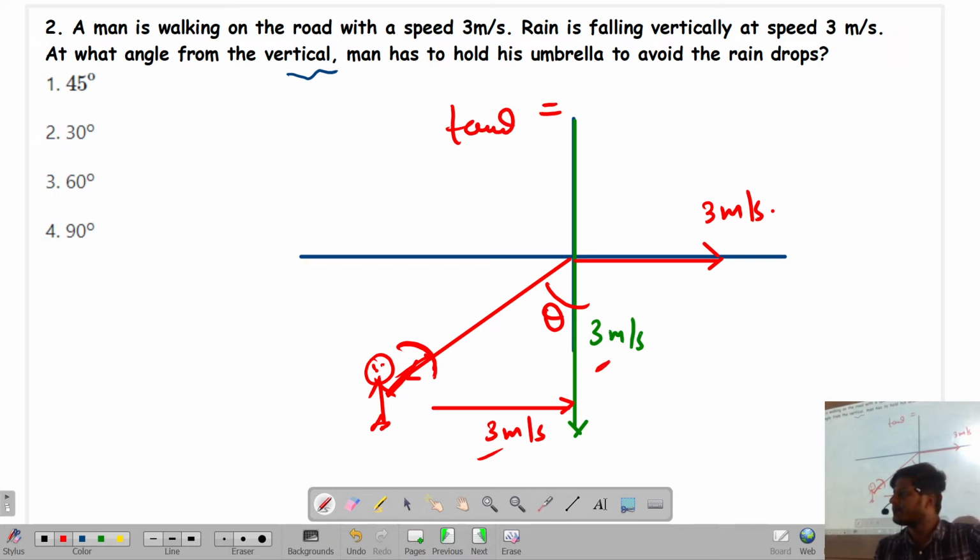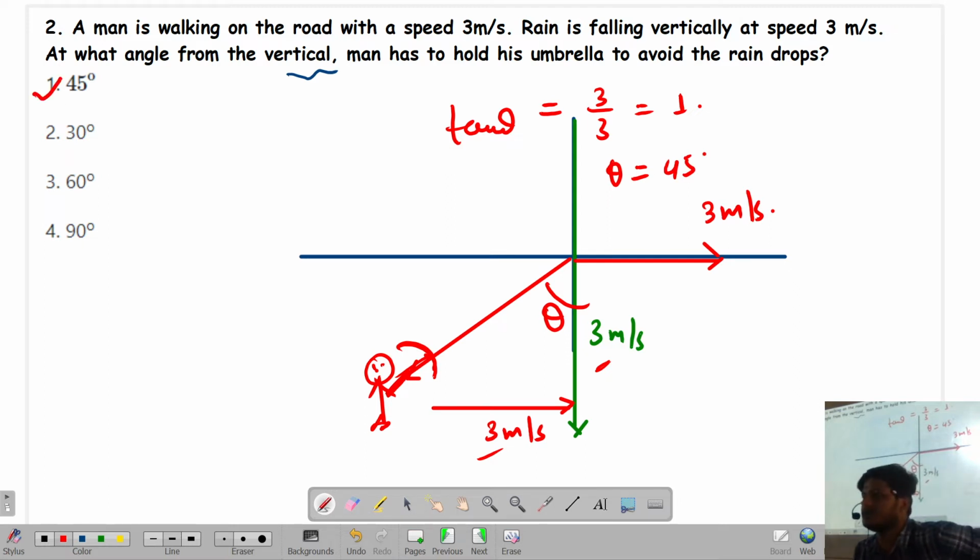Perpendicular divided by base, that is 3 by 3, which is equal to 1. So the rain is hitting the person with respect to vertical at how much angle? 45 degrees. So the umbrella should be held at 45 degrees. Yes or no? So option 1 is correct. Got it or not? Okay. Can I move ahead?